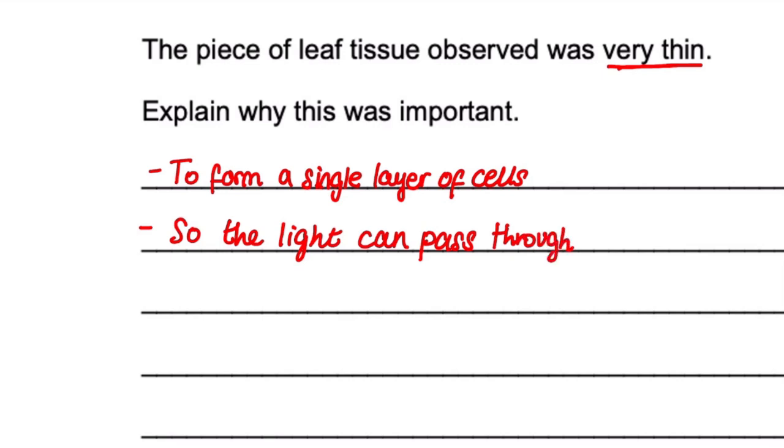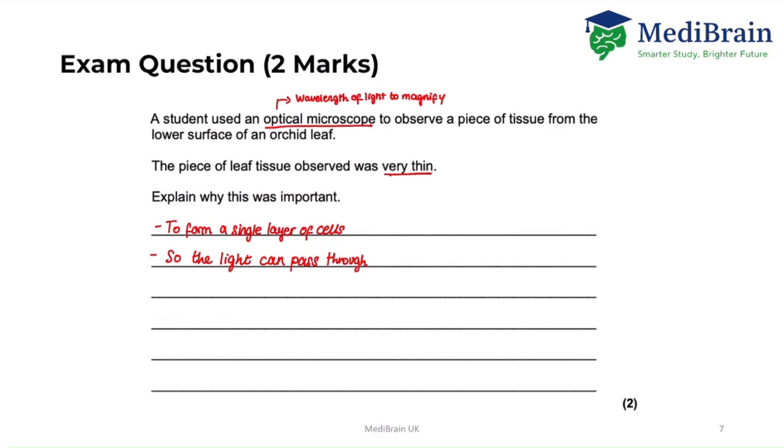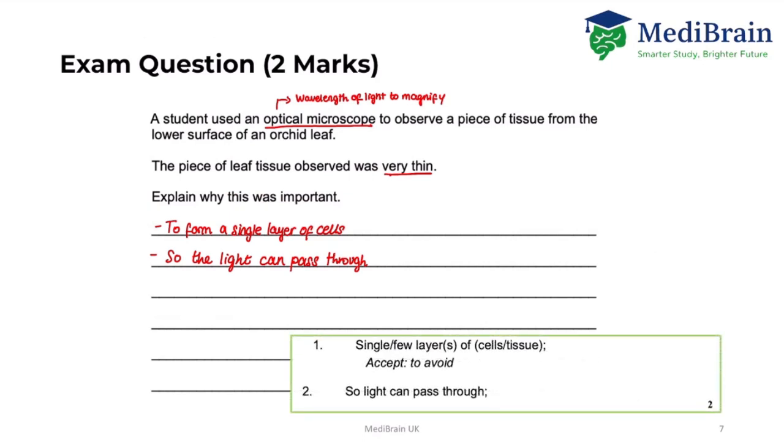And that's all you have to say. Okay, so very common exam question. This is the mark scheme. It says single layer of cells so light can pass through.